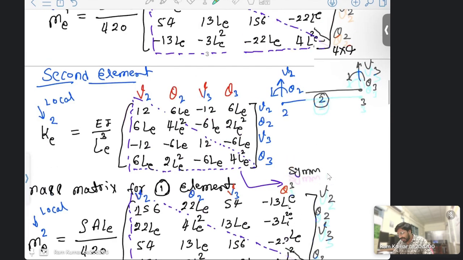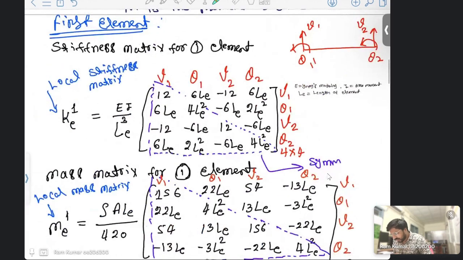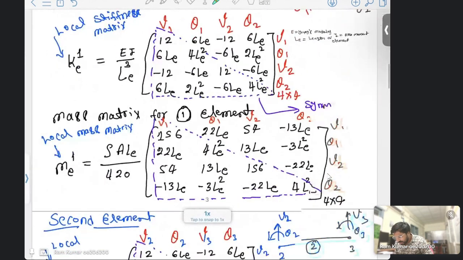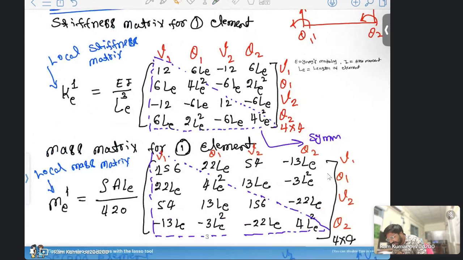So now we have to find one global matrix. What we have to do is I will just copy this one from here.